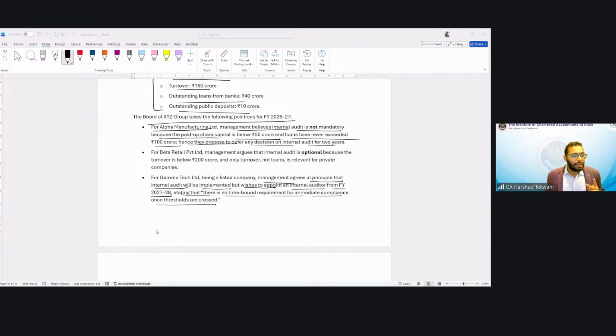Actually, the requirement and the provision is 6 months. If an existing company is covered by any of the criteria, like if it is already there, they have to apply from the 6 months. Now that is a transitional provision. So the 6 months was a transitional provision, meaning that if they are already covered, when this section came into place, they have 6 months. But that is transitional.